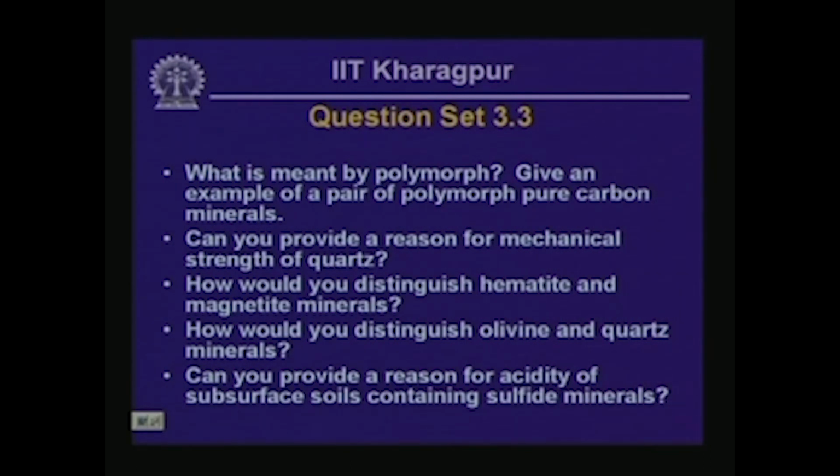Now, what happens if subsurface soils contain a lot of sulfide minerals is that these sulfide minerals get oxidized in oxygen rich environments, like aerobic environments, near surface deposits for instance, and then by the action of water the sulfates sometimes get released as acids, and that explains the reason for acidity in this kind of sulfide rich environment.